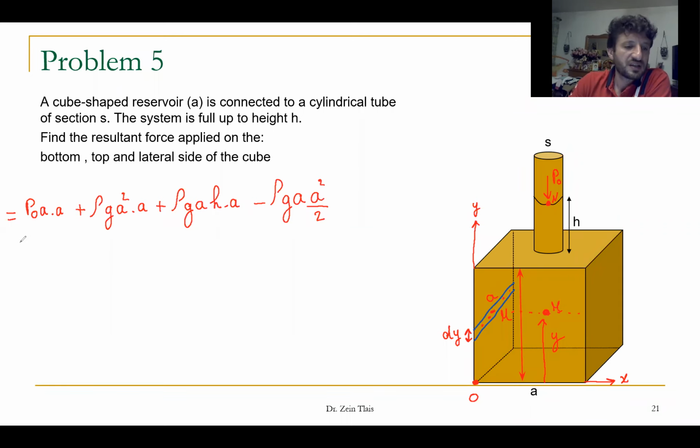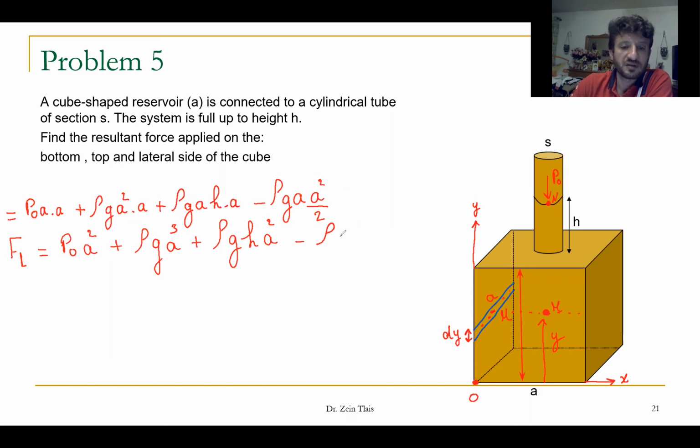We can say F at the lateral side equals P0 A square plus rho G A cube plus rho G H A square minus rho G A cube over 2.